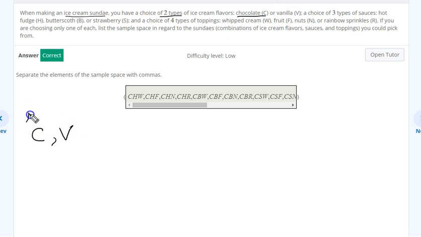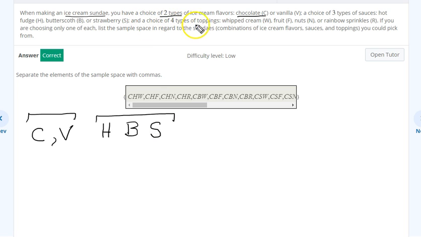So that would be like one category. And then you have 3 choices of sauce. So we'll put those there. And there's hot fudge, that will be an H. Butterscotch would be B. And strawberry, which is my favorite, which is an S.